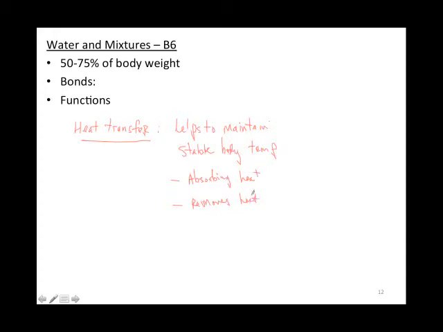And water can remove heat. If you look at the process of sweating, sweating is a process we call evaporative cooling. So your sweat glands release water onto the surface of your skin. The water evaporates, and in the process, as the water evaporates, it takes heat from your body with it.